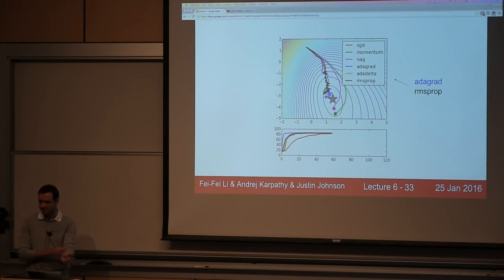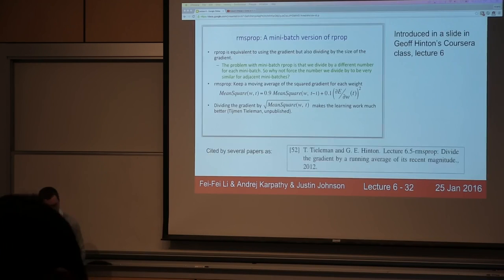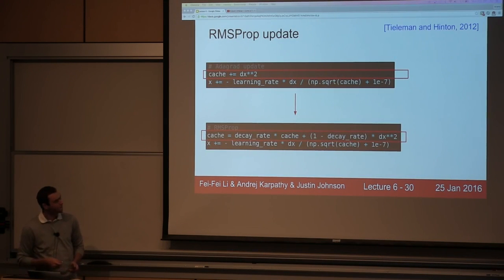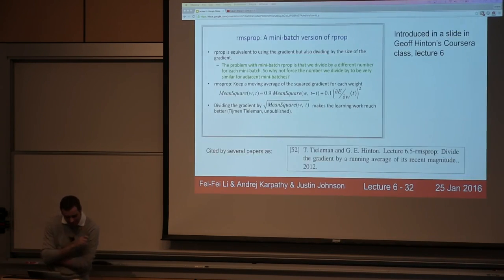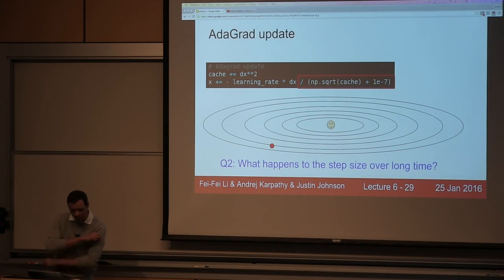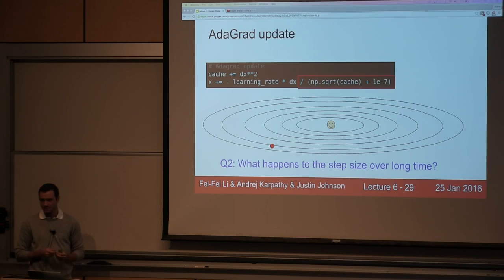Since you scale down the learning rate in the steeper direction, in that image you had, if the red dot was moved over to directly under the smiley face, don't you want it to just go quickly down the steepest direction? So you're saying that in some cases you might want to make faster progress in a steeper direction.